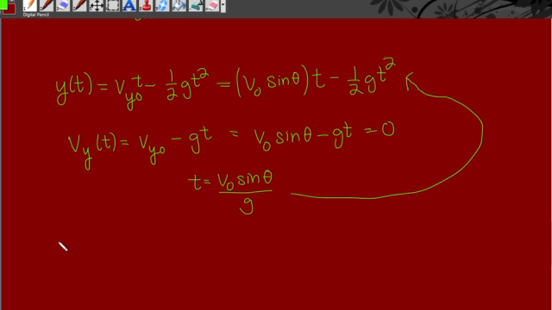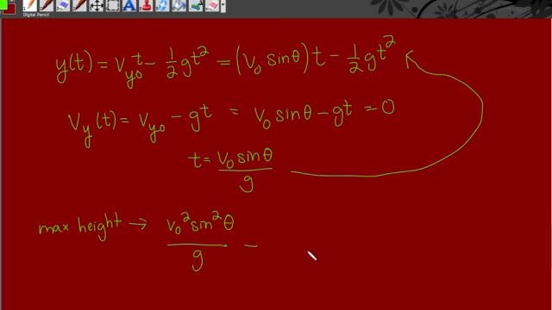So the max height is equal to, the first term being v naught squared sine squared theta over g, minus 1 half g times v naught squared sine squared theta over g squared.